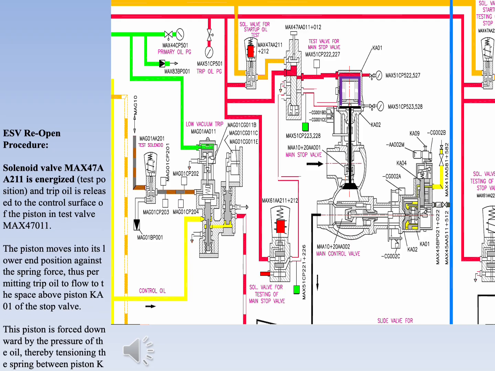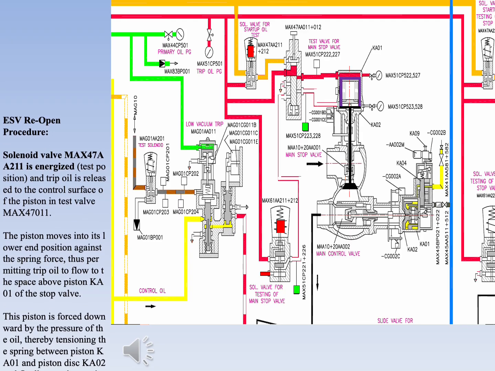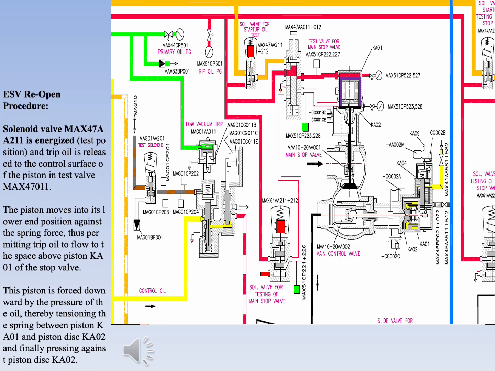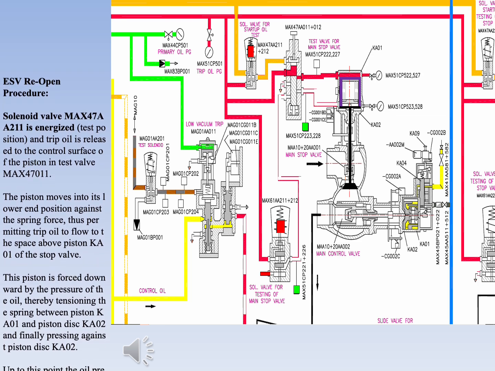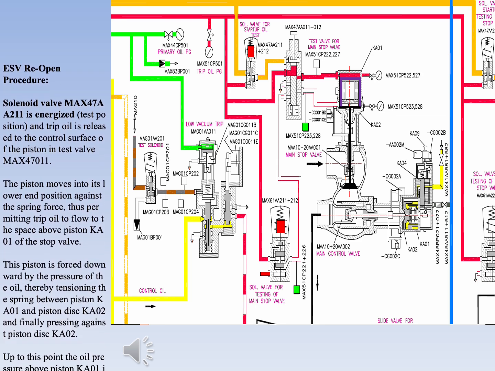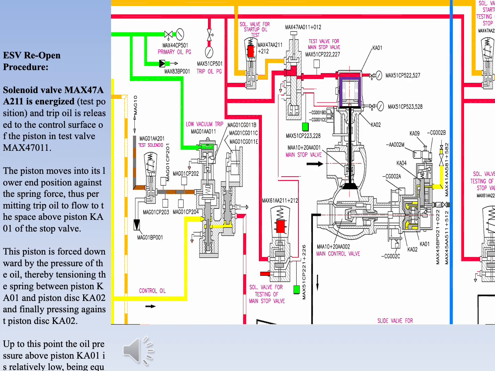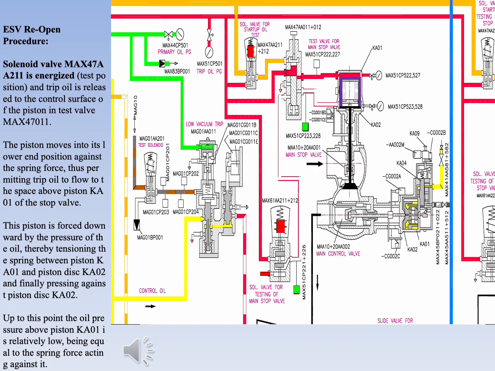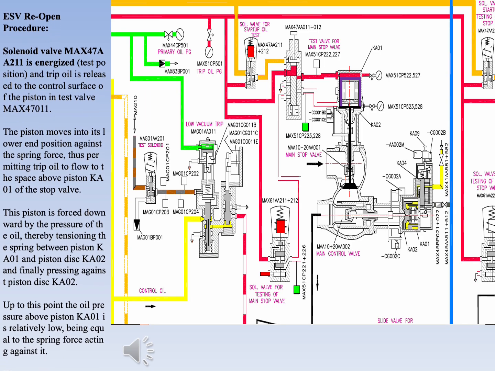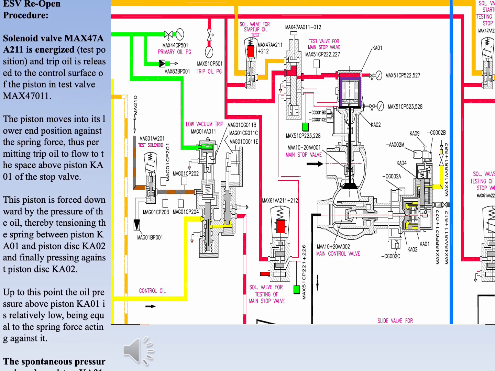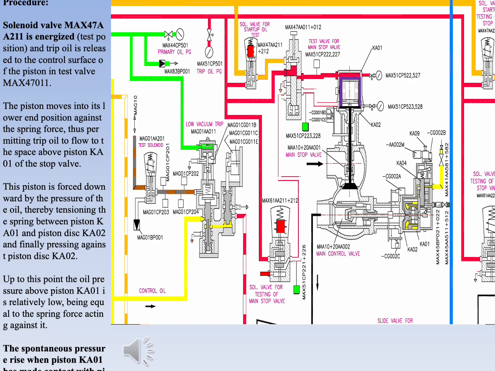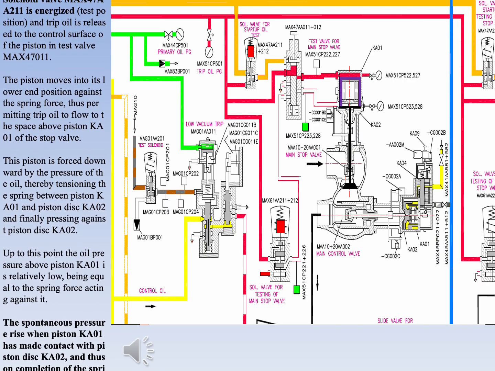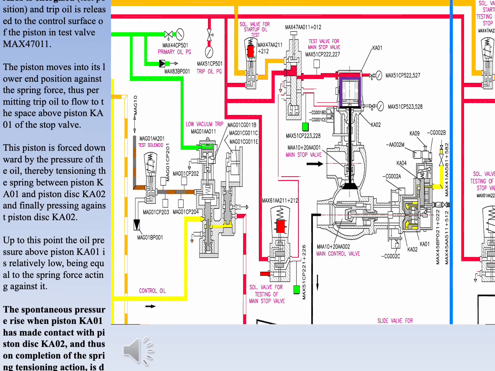This piston is forced downward by the pressure of the oil, thereby tensioning the spring between piston KA01 and piston disc KA02, and finally pressing against piston disc KA02. Up to this point, the oil pressure above piston KA01 is relatively low, being equal to the spring force acting against it.